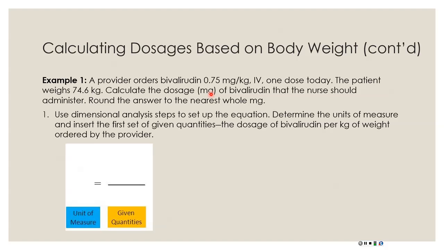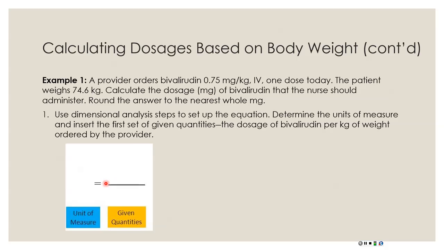If you're talking about giving a client a pill, you're looking for tabs. Usually it's a volume or it's a tab that we're looking for. Or if you're looking for how to set a gravity drip rate, you'd be looking for drops per minute or drops per hour. And so you've just got to be able to decide what you're looking for.